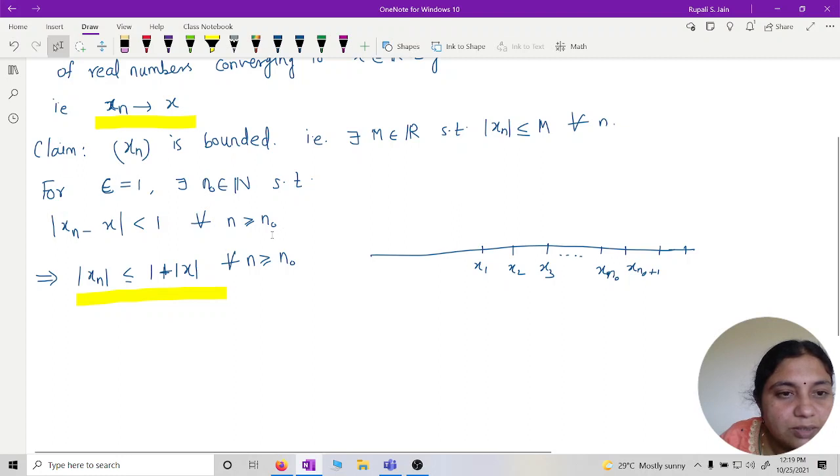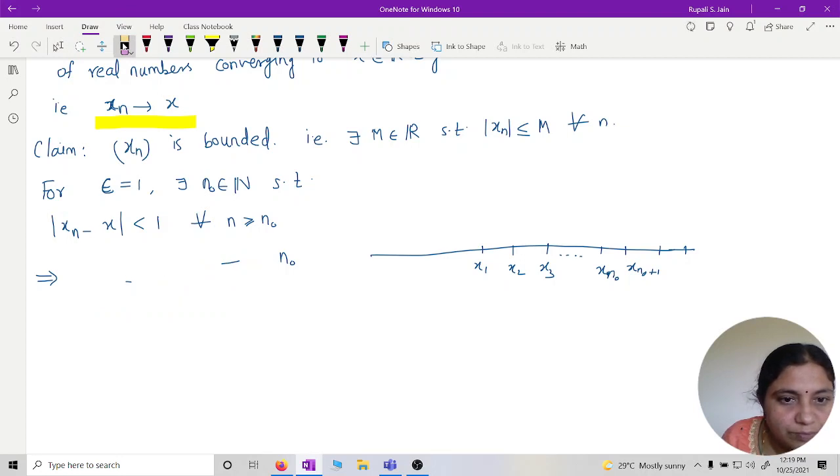Let me erase this. Instead of writing this, I will write: consider mod of xn. Mod of xn, I can write as mod of xn minus x plus x.